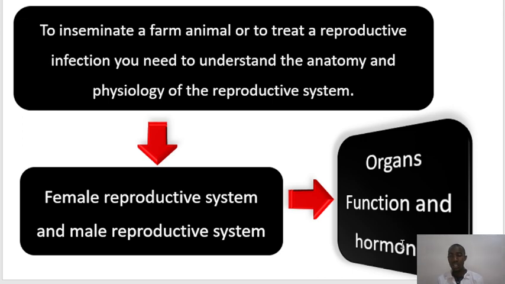For example, we have estrogen, progesterone, inhibin, follicle stimulating hormone, luteinizing hormone, prostaglandins, then gonadotropin releasing hormone, and these are released from different places. For example, we have the hypothalamus, and we have those produced from the ovaries, the corpus luteum, as we shall discuss.